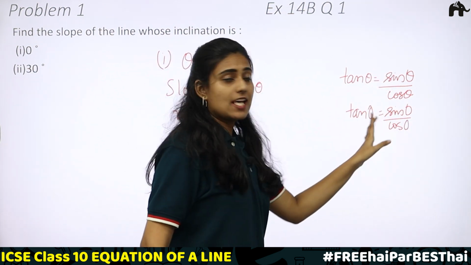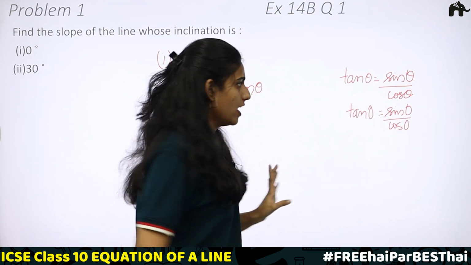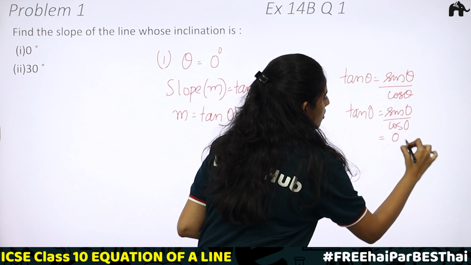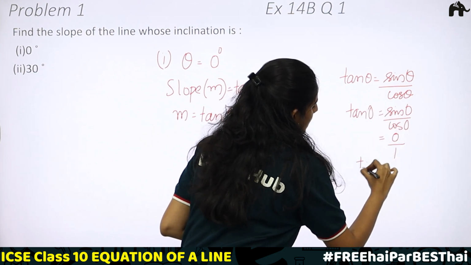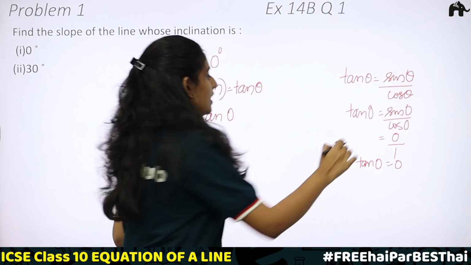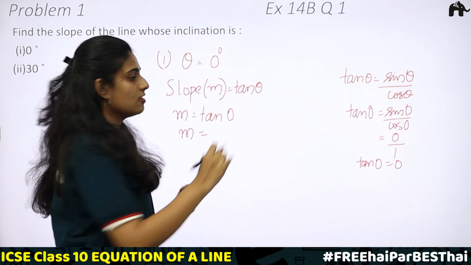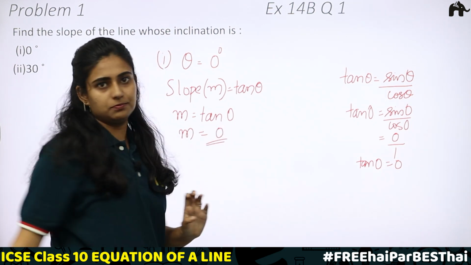We have studied that sin 0 is equal to 0 and cos 0 is equal to 1, which means tan 0 is equal to 0. Yes, tan 0 is 0. Therefore, slope M is equal to 0 for the first question.